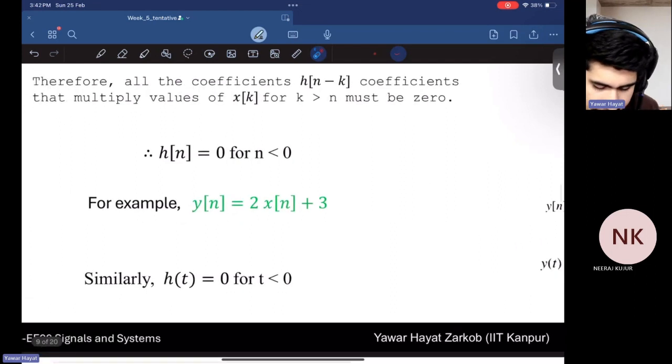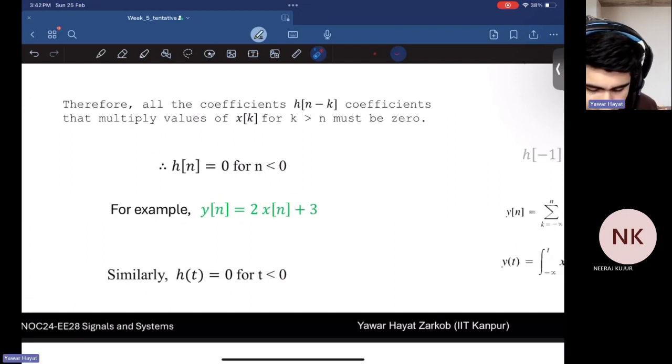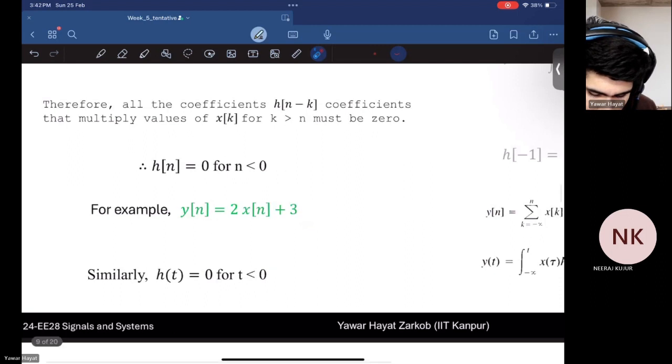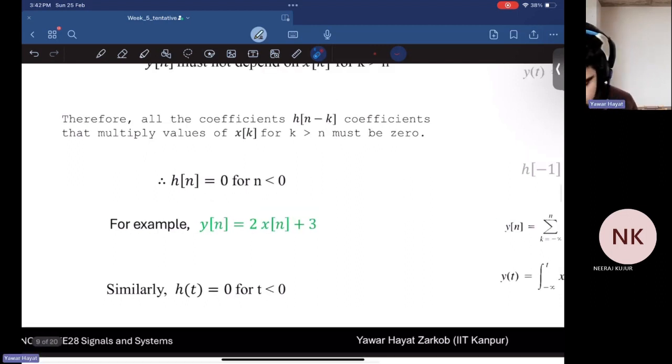So let's take an example. Suppose y of n is 2 times x of n plus 3. Will this be causal? No. If x of n is 0, then there is still an output, that is 3.